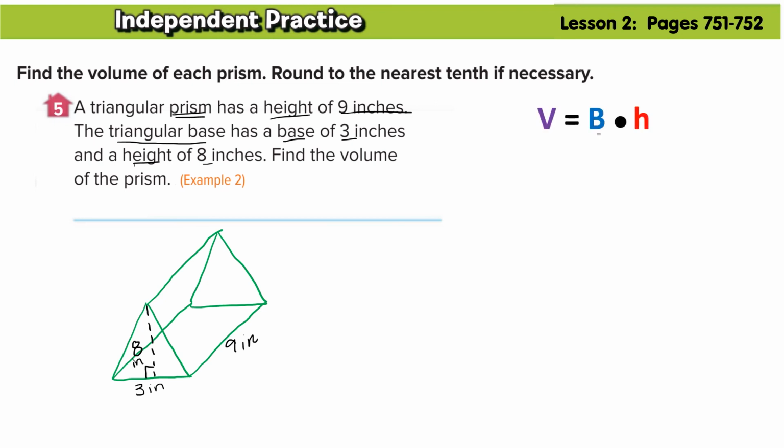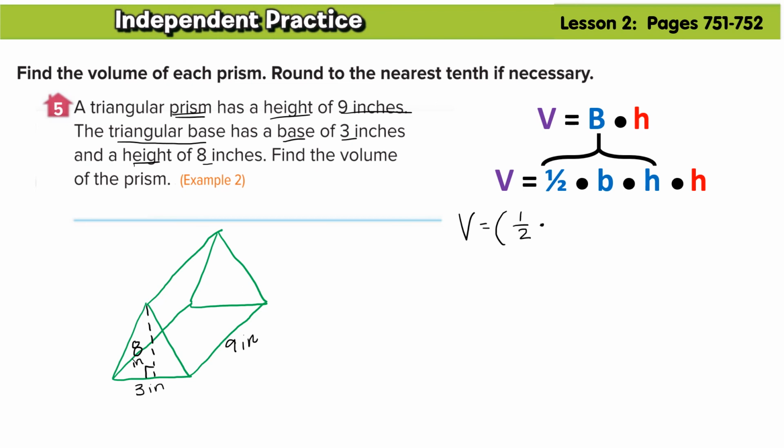So here we have our formula. Volume equals 1/2 times the base, which we said was 3 inches, and the height of the triangle is 8 inches, times the height of the prism itself, which is 9 inches.